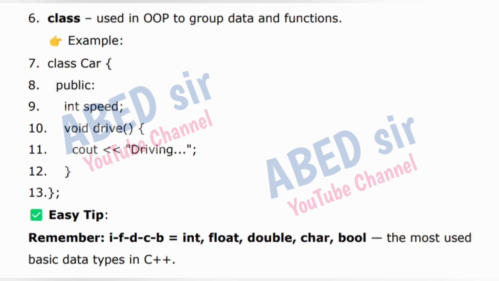Example: class car { public: int speed; void drive() { cout << "Driving"; } }; Easy tip: remember IFDCB = int, float, double, char, bool, the most used basic data types in C++.